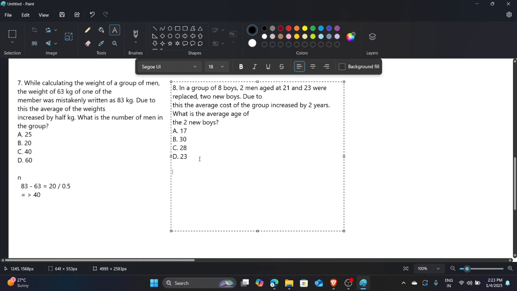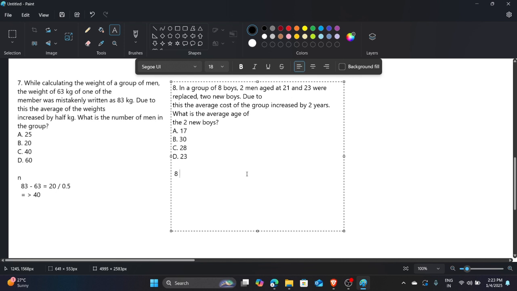No problem. The group has 8 boys in total, with some ages. Now the boys aged 21 and 23 were replaced with two new boys, and the average age of the group increased by 2 years.